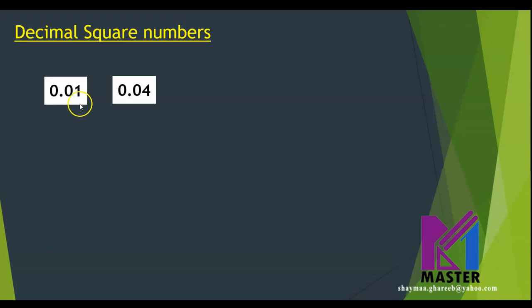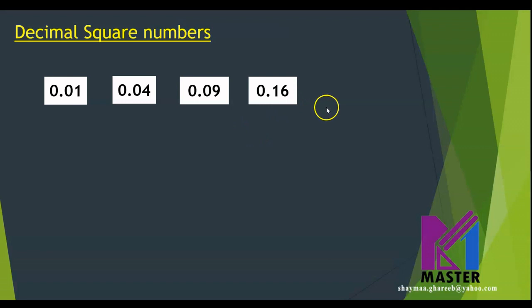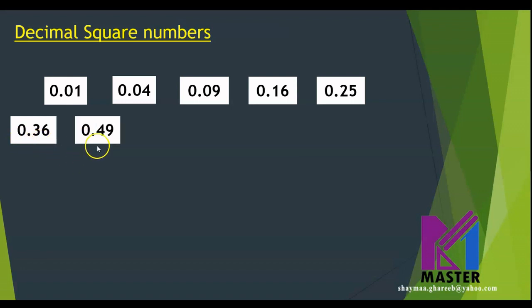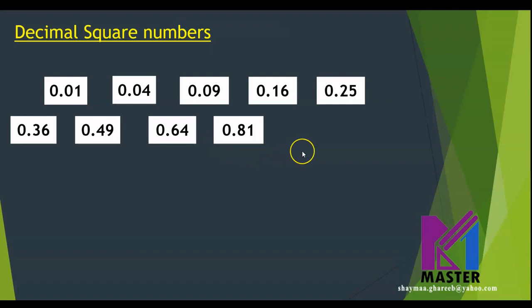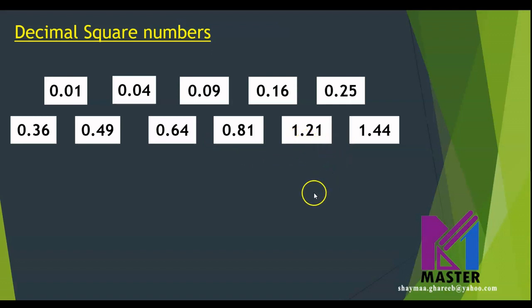So 1, 4, 9, so the coming one will be 0.09, then 16, which is 0.16, then 25, which is 0.25, and so on. So the coming one will be 0.36, then 0.49, then 0.64, 0.81, and 1.21, 1.44. Is this clear?